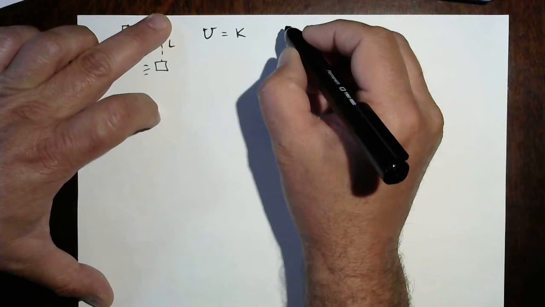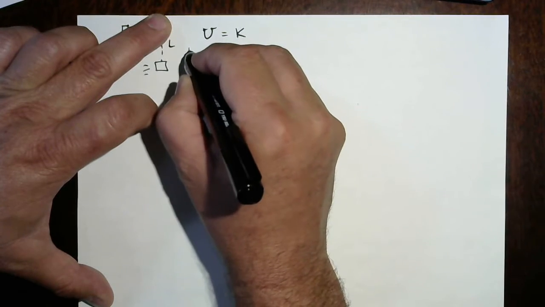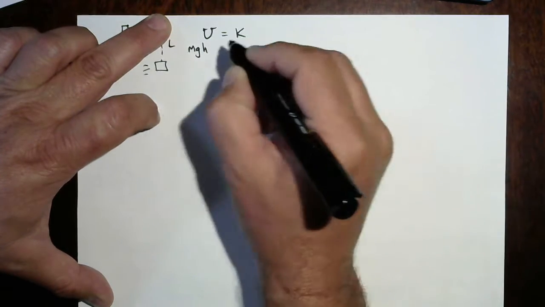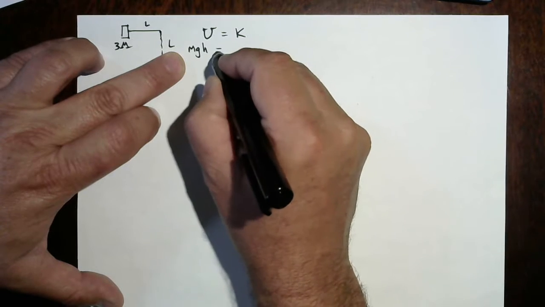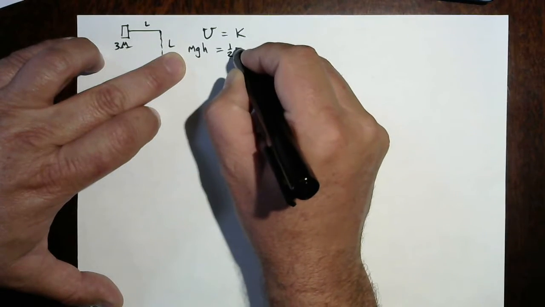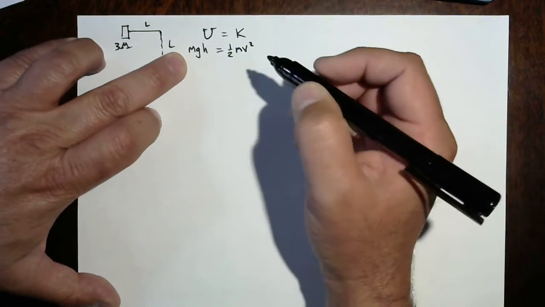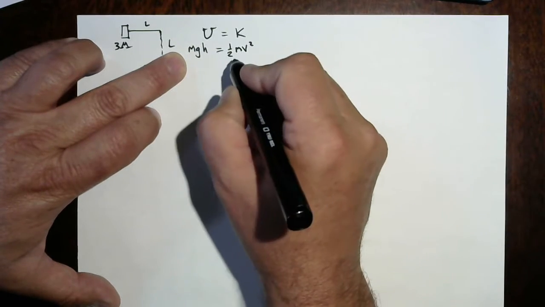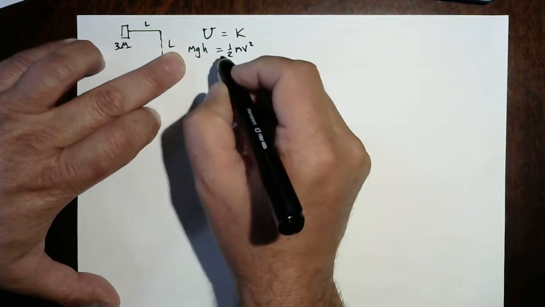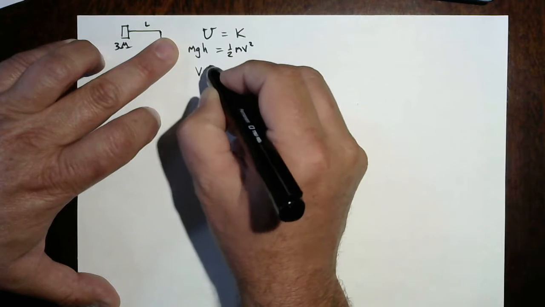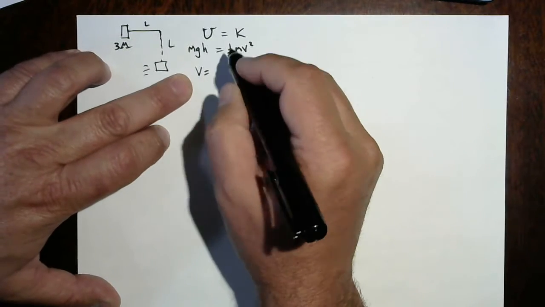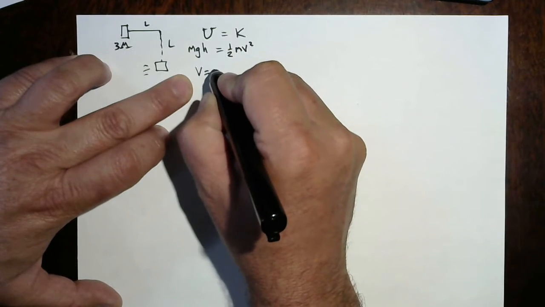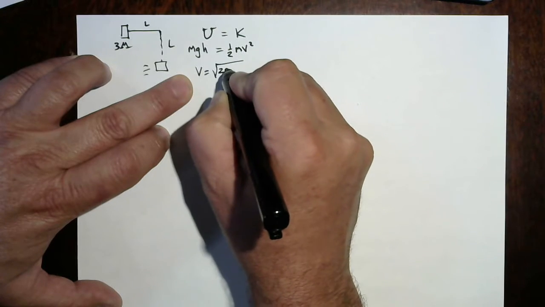The potential energy in this case is m times g times h, again lowercase m because it's just the equation I'm using, and the kinetic energy is 1/2 mv squared. And it turns out the mass is not going to bite us at all because we're just going to move the 2 to the other side, take a square root, and wind up with the velocity at the bottom there is going to be root 2gh.